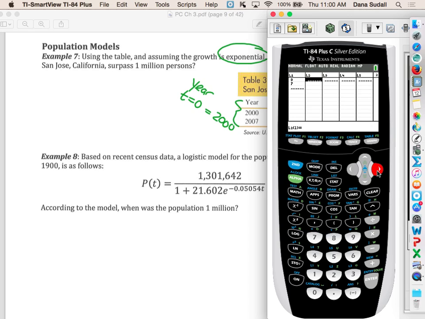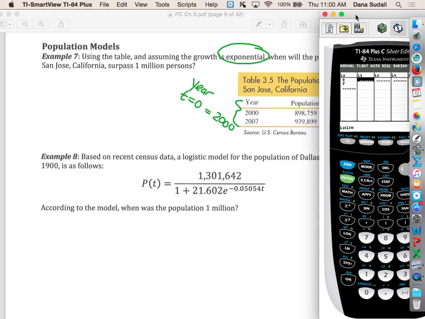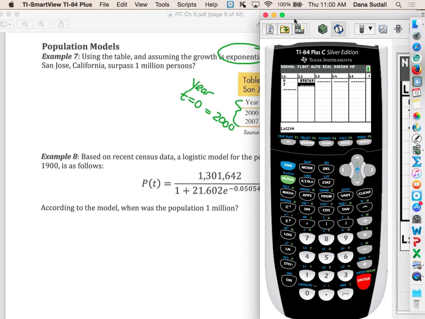And then my y values that correspond with that, so I can slide this enough that I can see it. 898,670, 898,769. Make sure I got it. Oh, it's 59.